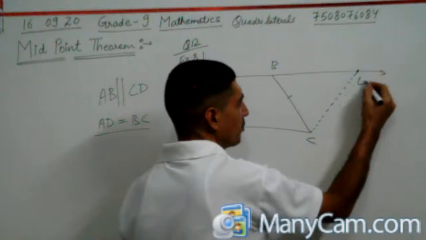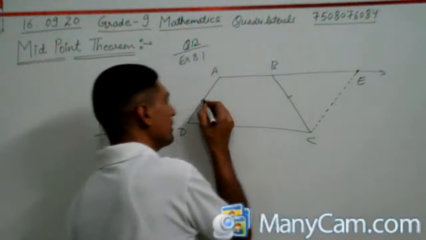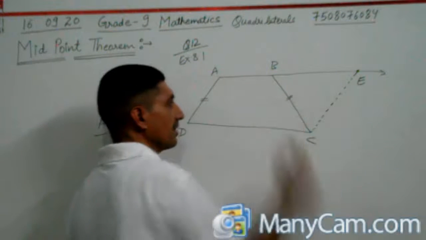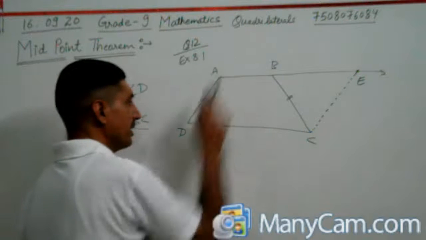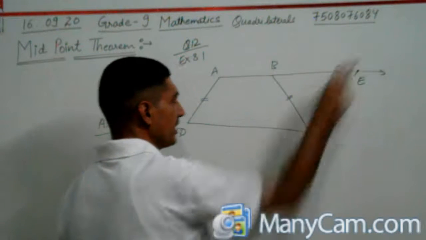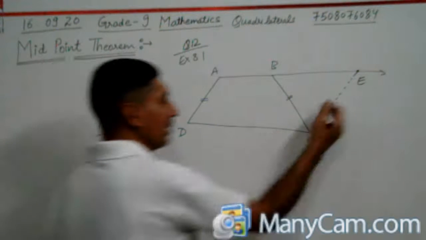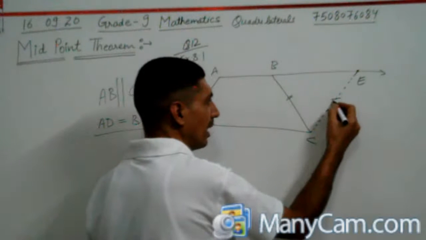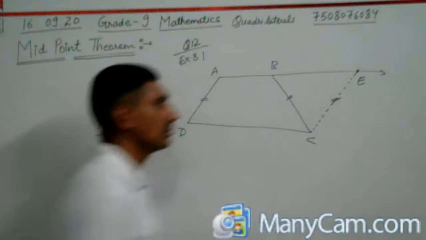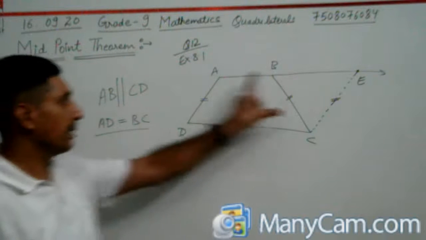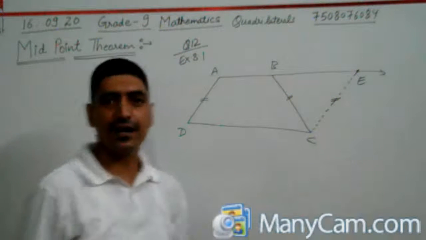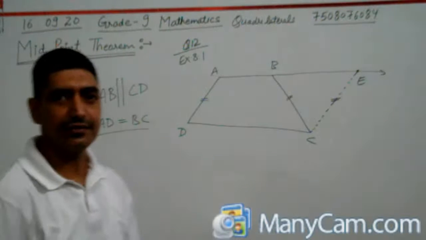This point is point P. Now if this side AD and these are equal, ABCE is also a parallelogram. And when it is a parallelogram, opposite sides of a parallelogram are also equal. So here AD, BC and CE are equal. Now what do we have?